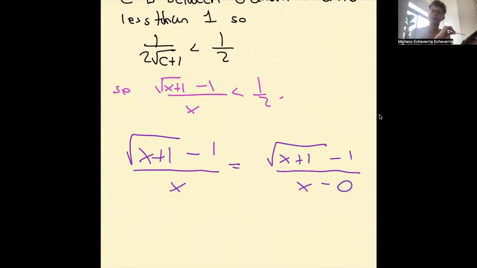Then it looks more apparent, because you're thinking of this as a difference: this would be the function that I'm plugging in, and this is what I get when I plug in x equals 0. Secretly in the mean value theorem, if you have x at the bottom, you can think of that as x minus 0.